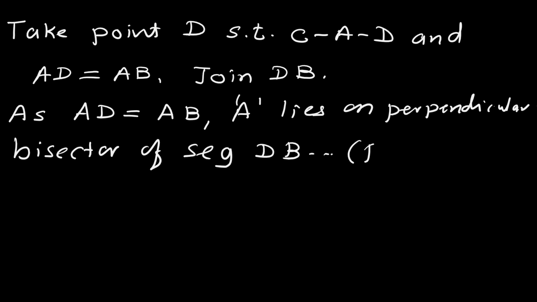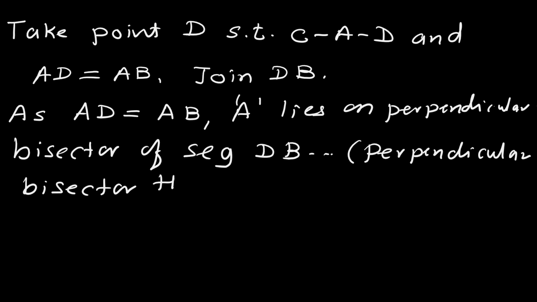Reason: perpendicular bisector theorem. There are two parts in the perpendicular bisector theorem. The first part is any point on the perpendicular bisector is equidistant from the endpoints, and the second part is the converse. Both parts together are the perpendicular bisector theorem. Converse is if a point is equidistant from the endpoints of a segment, then it lies on the perpendicular bisector of that segment. So we have used the second part. AD is equal to AB, therefore A lies on the perpendicular bisector of BD.